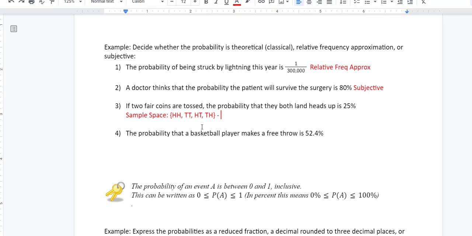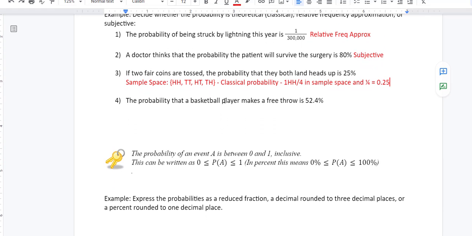So I will say then this is classical probability, and we can verify. Right, there is one way to get heads out of four in the sample space. And 1 out of 4 is 0.25. And in this case, right, the 0.25 is written as a percentage.